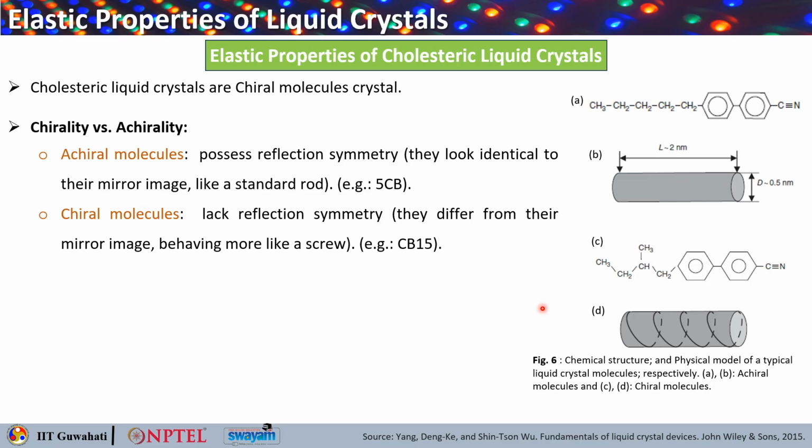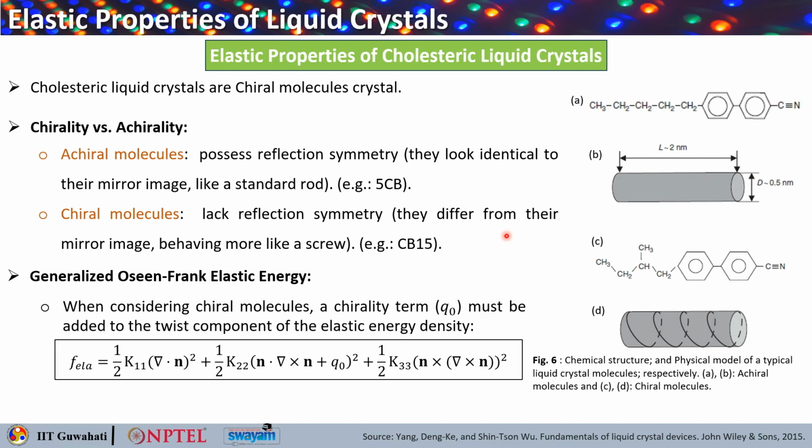That means you have right handedness and left handedness, which get swapped when you see the reflections, just like they are behaving like a screw. Something like CB15 looks like that. So, this is a chiral molecule, and that is the difference between this and this. If you take a mirror image of this, you will not get exactly the same molecule.